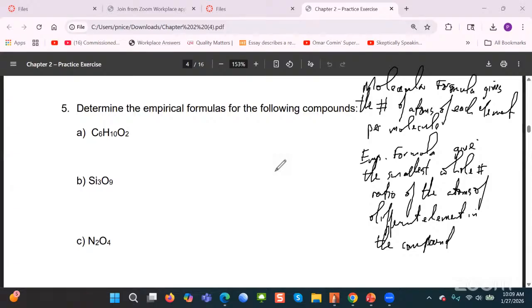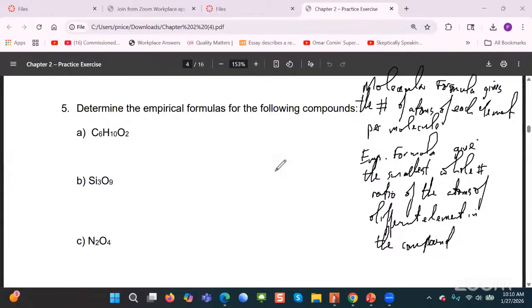The molecular formula gives you the number of atoms of each element present per molecule, while the empirical formula gives you the smallest whole number ratio of the atoms of the different elements in the compound. So when getting from the molecular formula to the empirical formula, you divide each of the subscripts by a number that can divide into it without leaving any remainders.